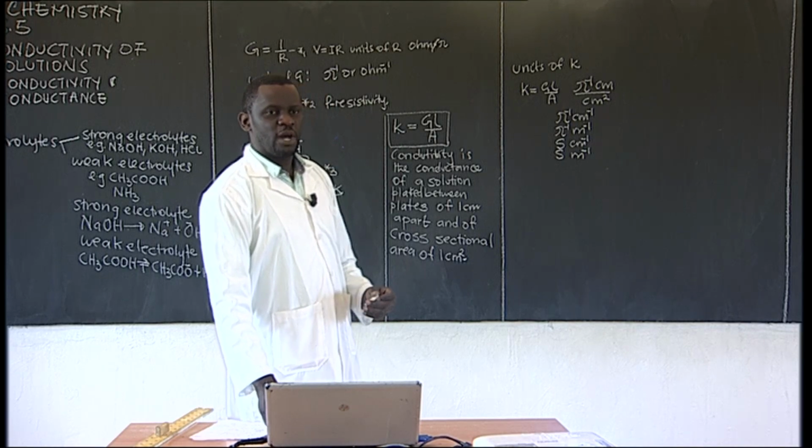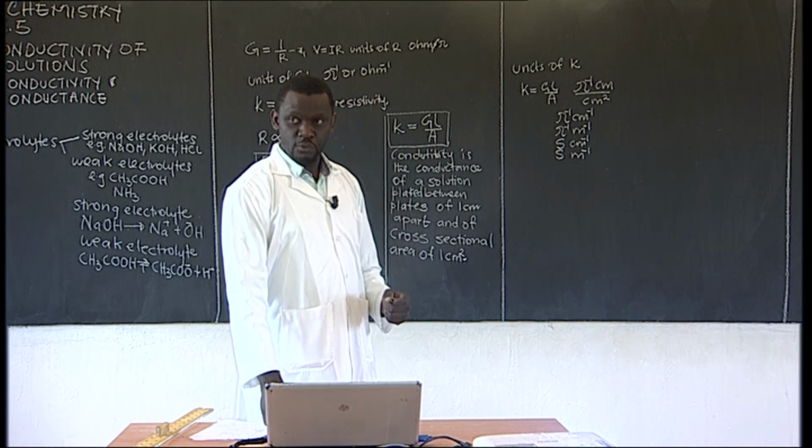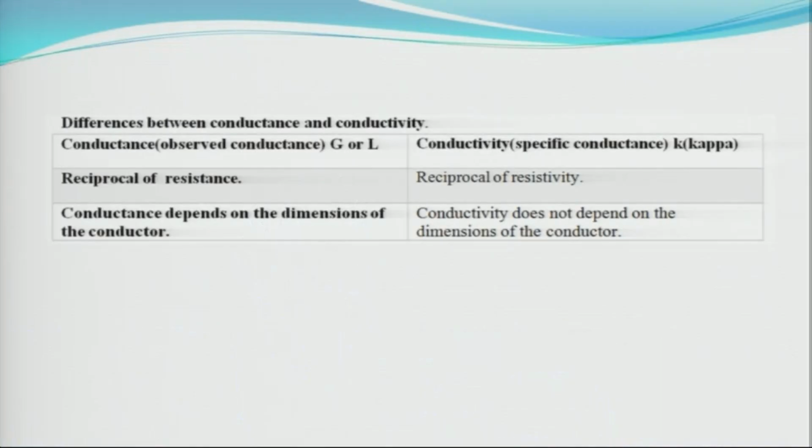If you look at your screen, you have the definition of conductivity. What are the differences between conductance and conductivity? From our definitions, conductance is the reciprocal of resistance, and conductivity is the reciprocal of resistivity.